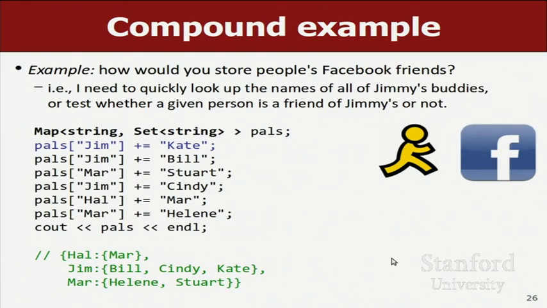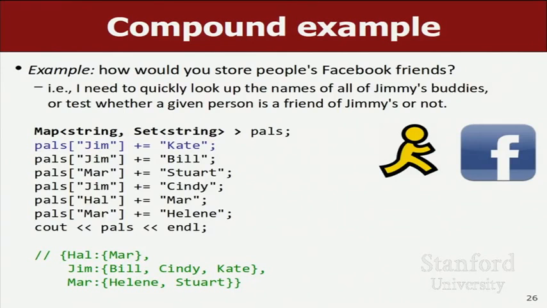So here's a quick example. Imagine I wanted to keep a collection of a bunch of people's buddy lists, a Facebook buddy list or something. What you would do is you'd have a map from strings to set of strings. And what that means is if I give you the key of Marty, then the associated value will be the set of all Marty's friends. So if I give you Kevin, then the value for that will be a different set, which is the set of all Kevin's friends.